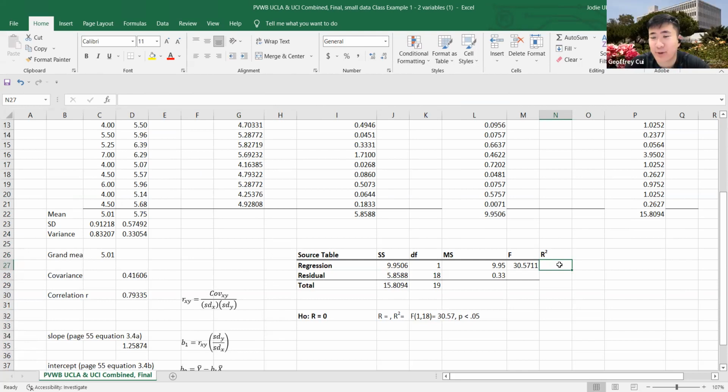Dr. O'Malley, are we just supposed to square the R value? Yeah, absolutely, you could just square the R, and thanks for talking. But we don't have R. So how could we get it? The hint I gave you is R squared is identical to eta squared.